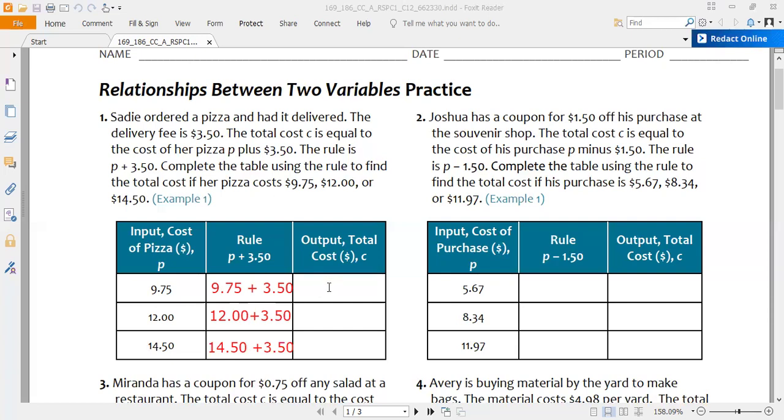Now how much will be the total cost if we order a small pizza that is 9.75 including this fee? How much will it cost us if we add 9.75 with 3.50? You can add it by using the math rule.